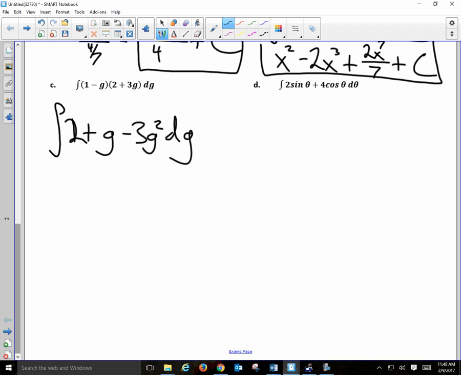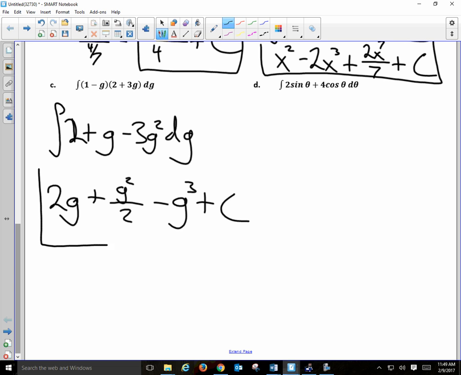Antiderivative of 2, 2g. Antiderivative of g. Plus constant.